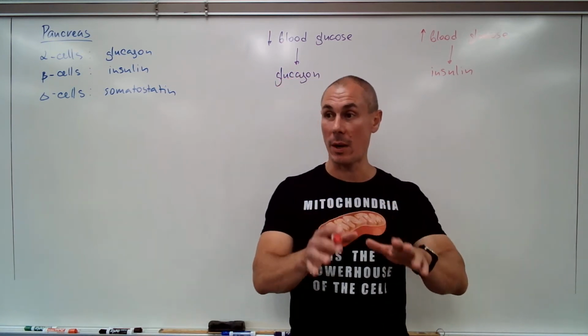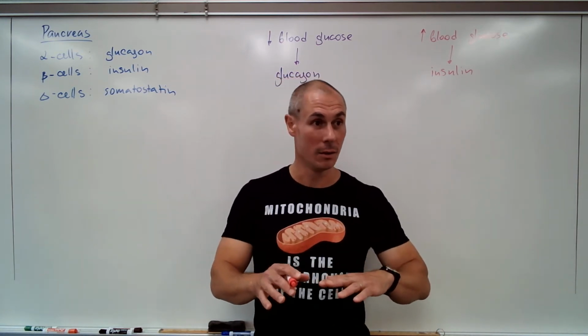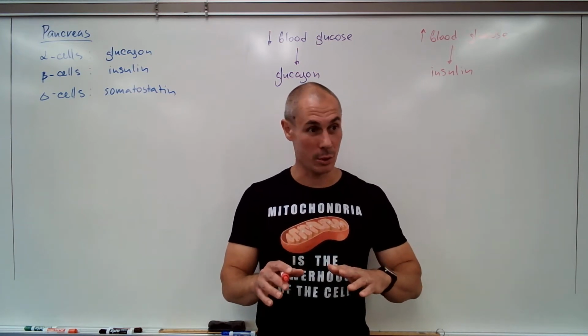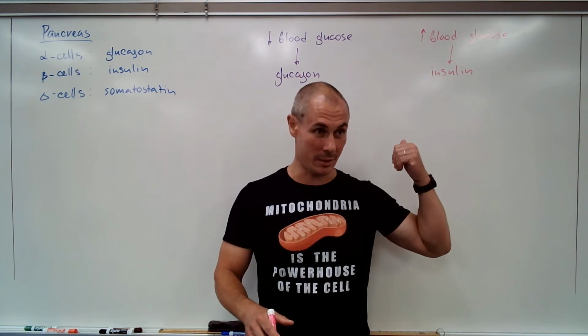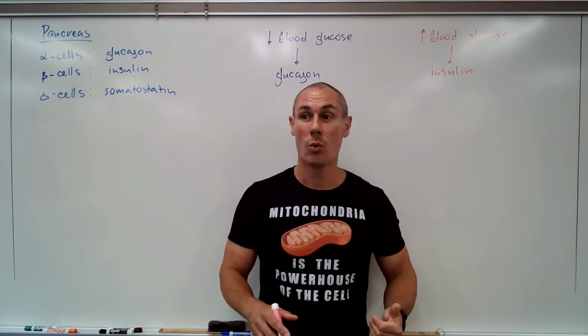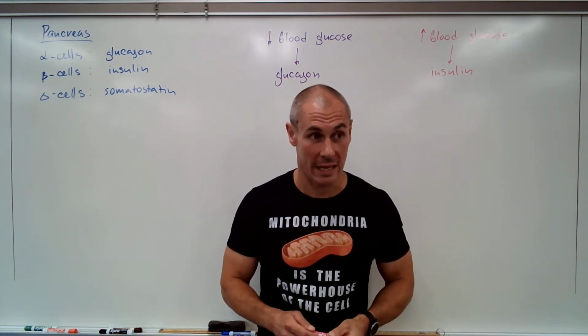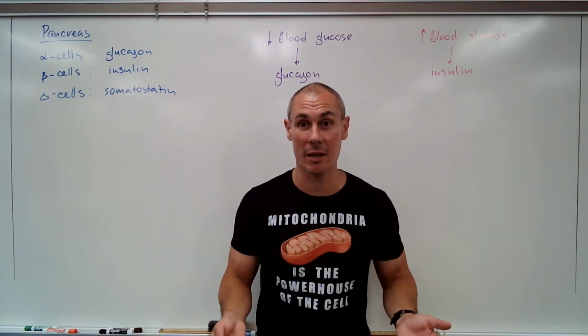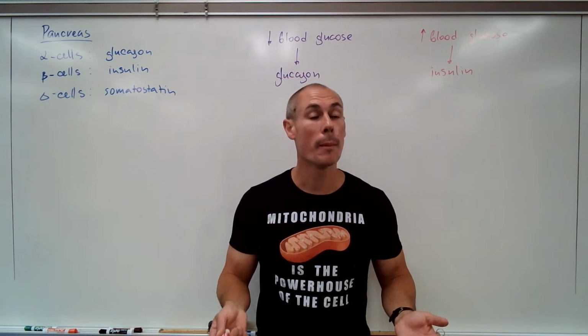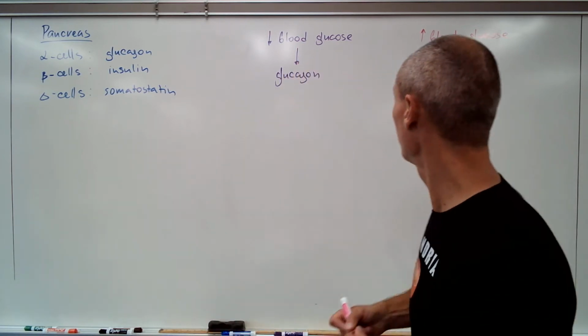Okay, so all the processes that are in the cell, right, they require energy. Correct? And energy source, primary energy source is carbs, glucose. Where do we need to deliver glucose then? It's of no use in the blood. Where does it have to go? To the cells. Bingo, into the cells.